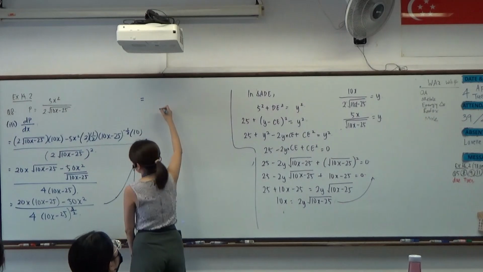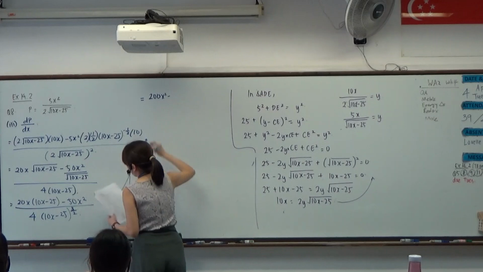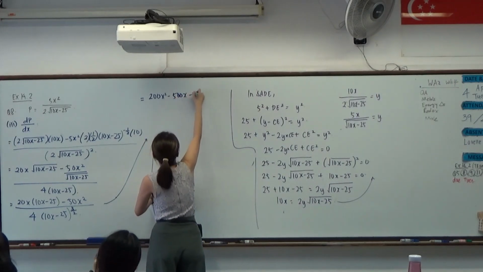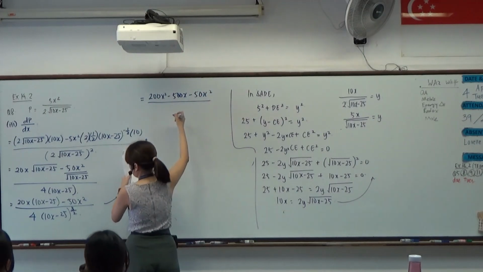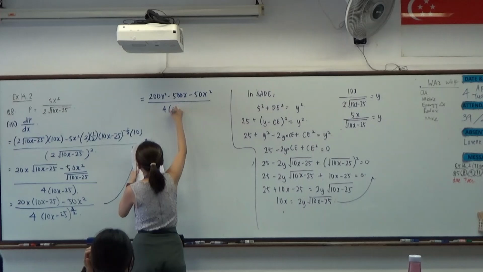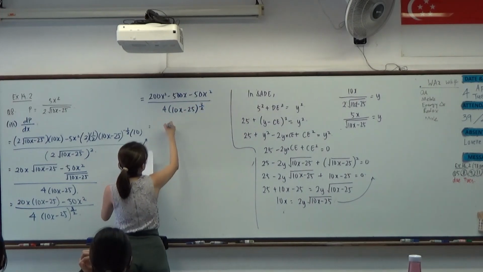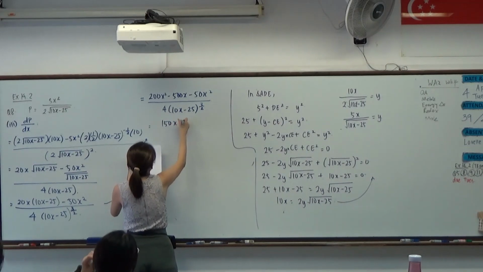Then we will have 200 x squared minus 500 x minus 50 x squared. That will give us 150 x squared.